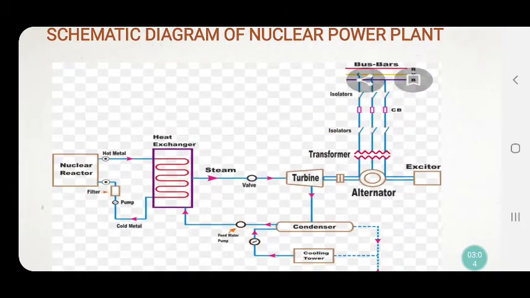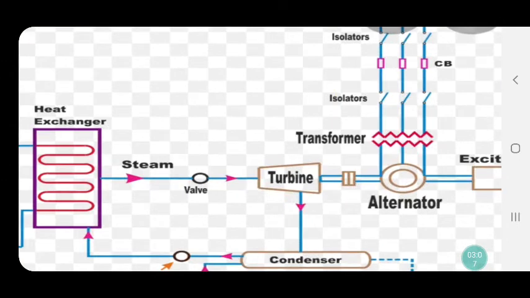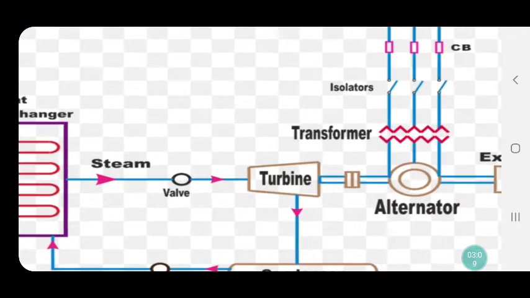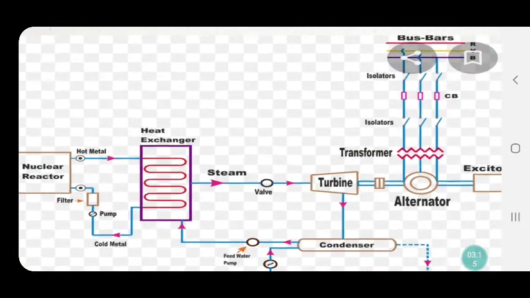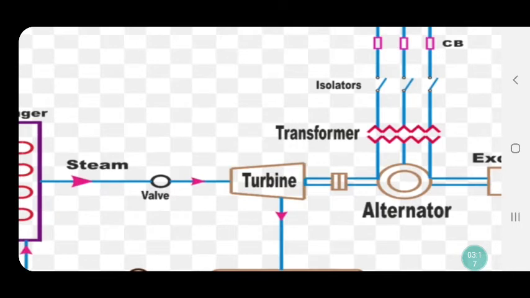Whenever we pass this high pressure, high temperature steam on the turbine, the turbine starts rotating. As you can see, the turbine is connected to the alternator. So as the turbine starts rotating, the alternator will also start rotating, and you know the function of the alternator: it converts mechanical energy into electrical energy.